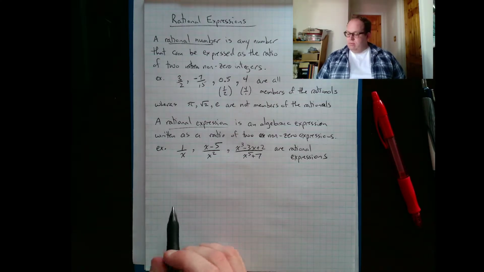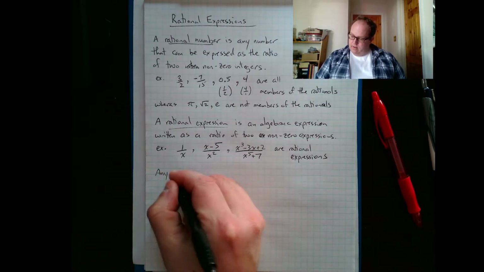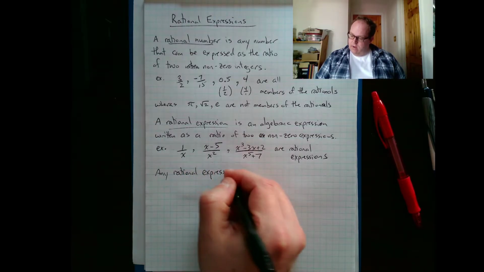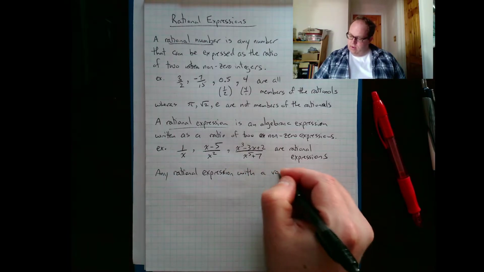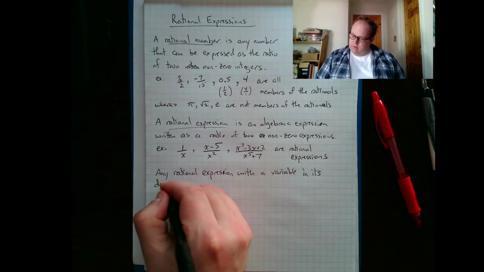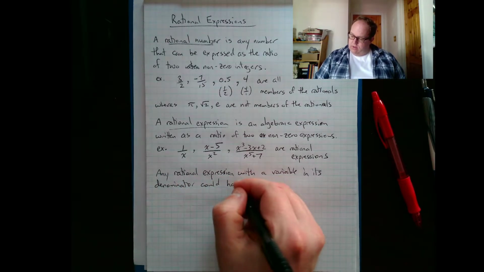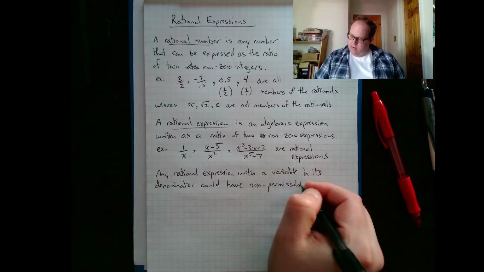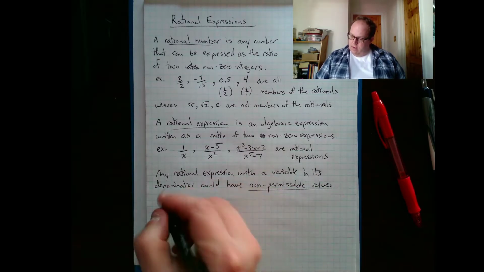Now, any rational expression with a variable in its denominator could have non-permissible values for that variable.